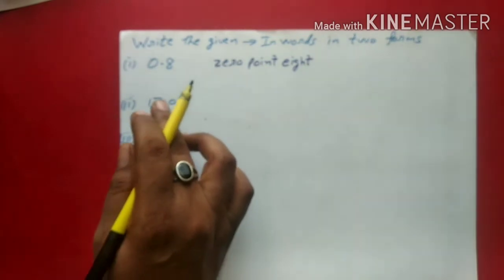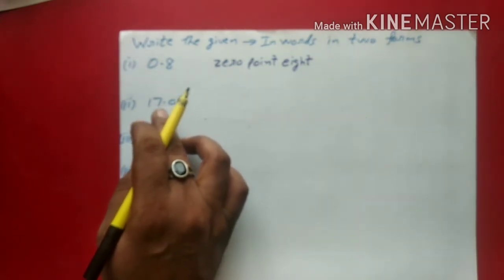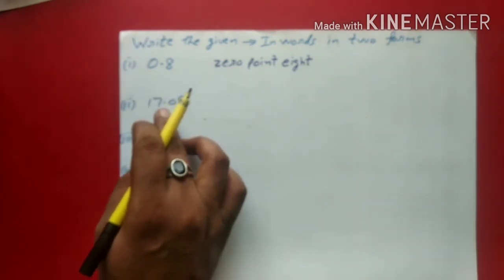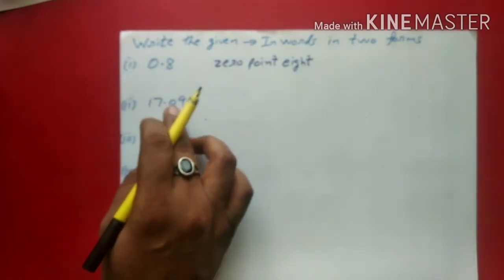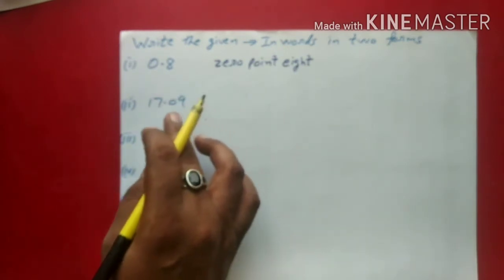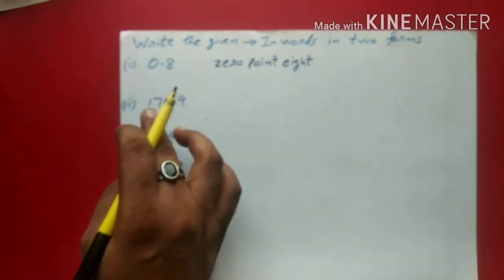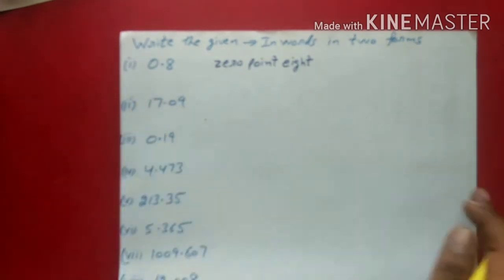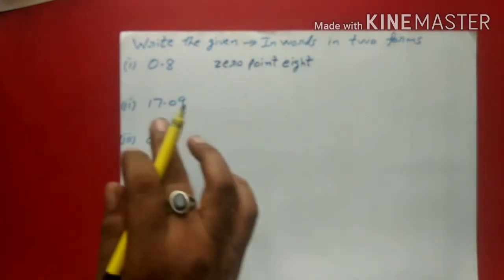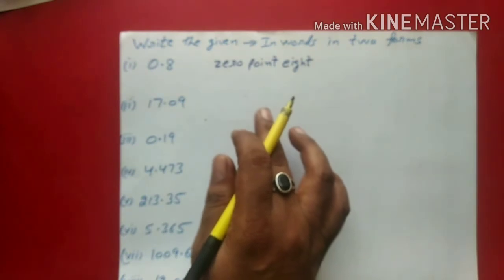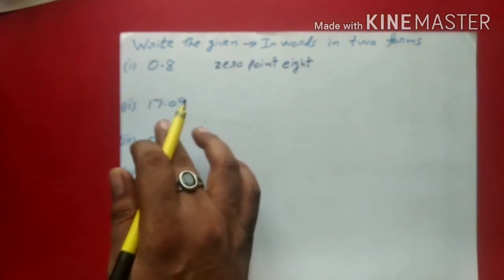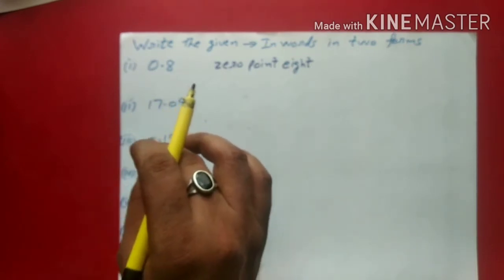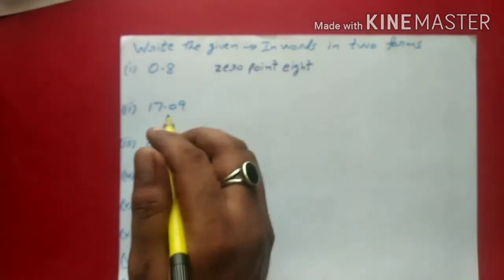17.09. The left hand portion of the decimal is called the whole number part, and the right hand portion is called the decimal part. The whole number part can be read or written as a complete whole number and the decimal part is written only in digits separately. So let us see how.